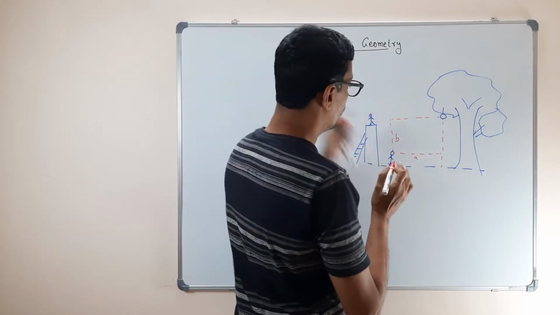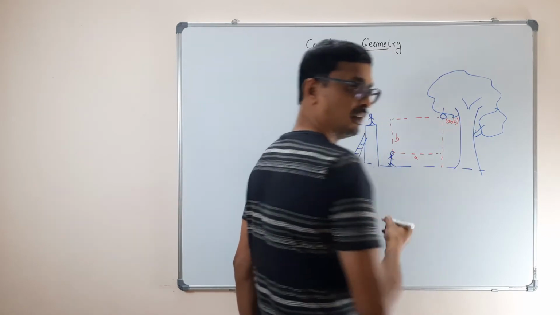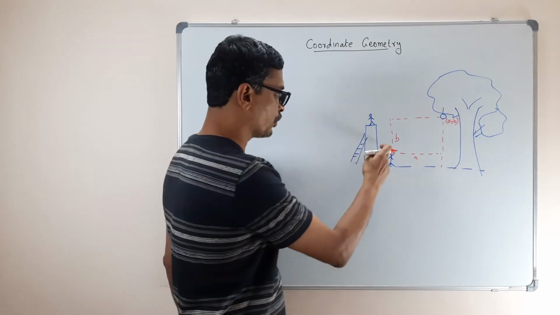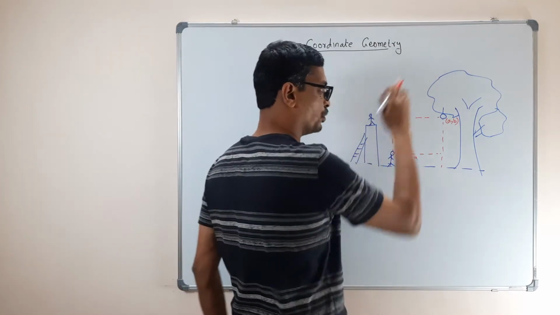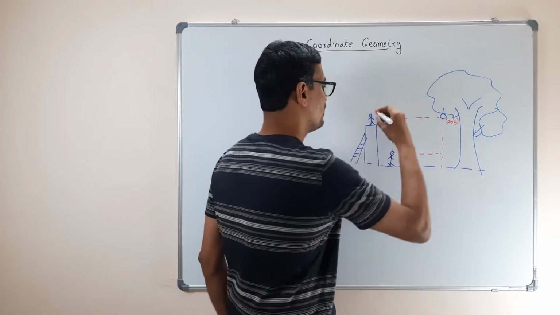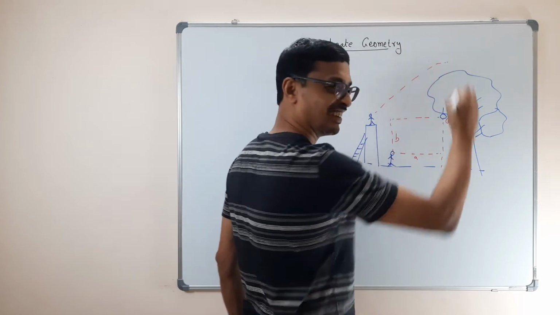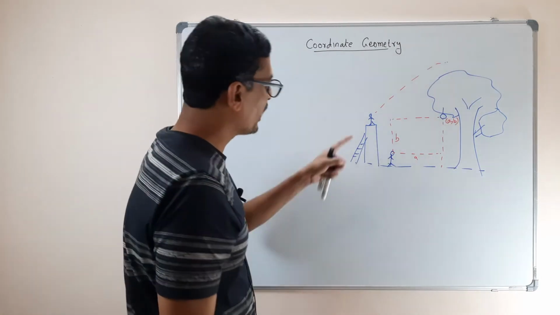So you will say, for me, the coordinate of this fruit is a comma b. And if he takes your coordinate very seriously, and he is throwing a stone to hit the fruit, where will he throw the stone? He will throw it here. Correct? Am I right?